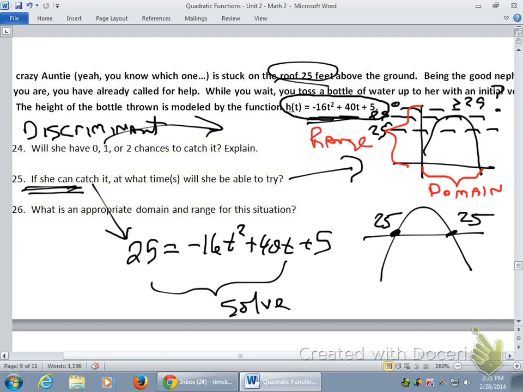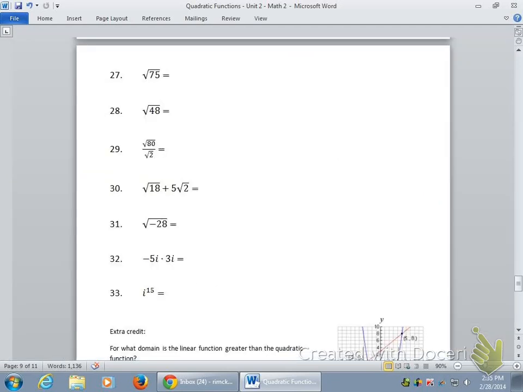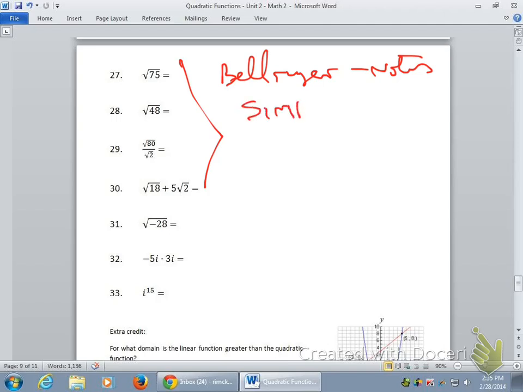All right. If you've got any questions, that should get you through most of the test. You're going to have to look up that last page. All right. These we did as bell ringers, so you might want to look in your notes. Or if you want to go online and look up simplify radicals.